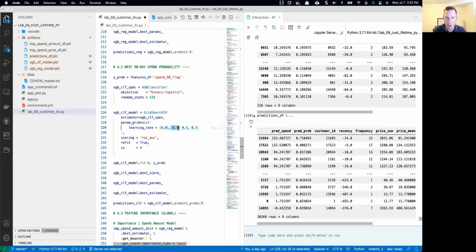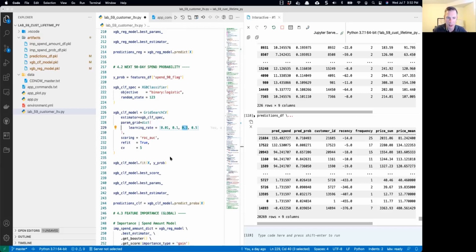And then we're going to do the same thing here. We're going to set the learning rate to 0.1, and we're going to create 5 different models on training and testing sets, and then calculate what the average AUC is for that particular model. And then the next one we're going to try is 0.3. So we're just cycling through, and that's why it took a little bit to train, because those models have to be produced and we have to assess them on the training and test sets five different times for cross-validation.